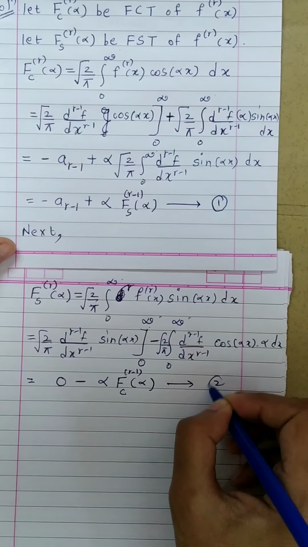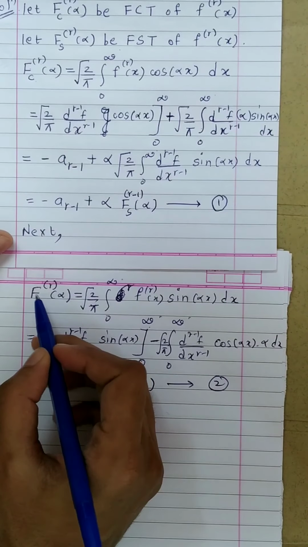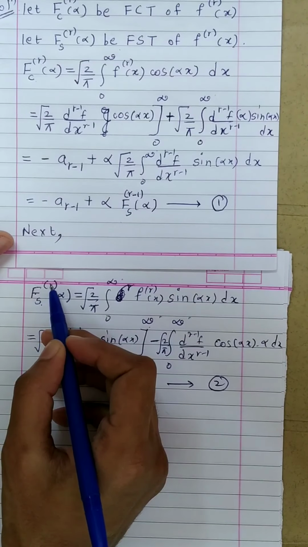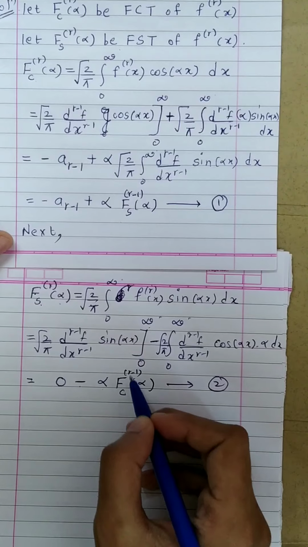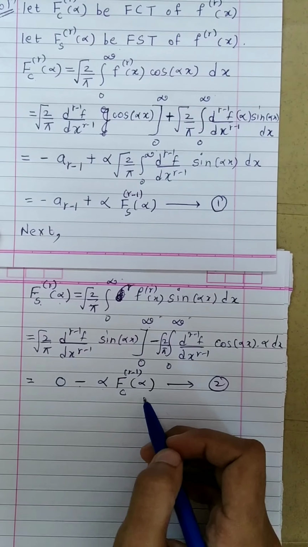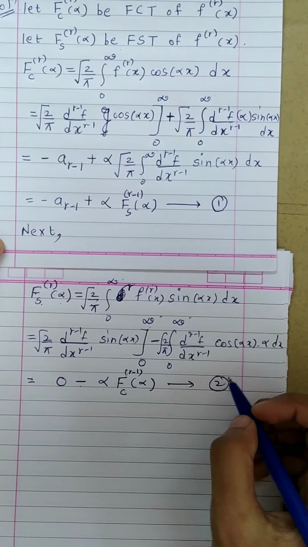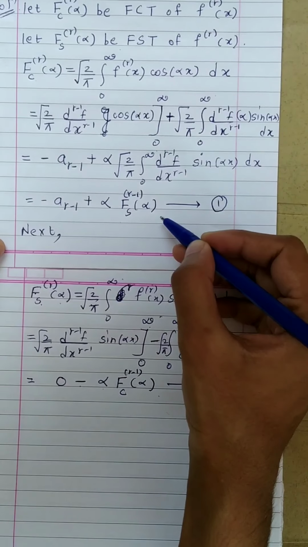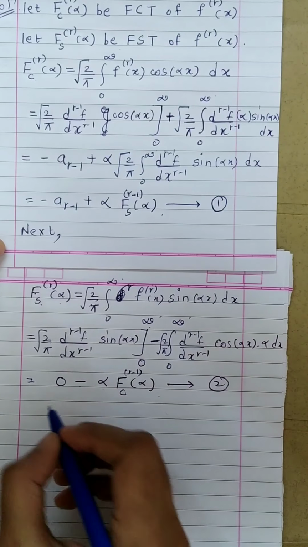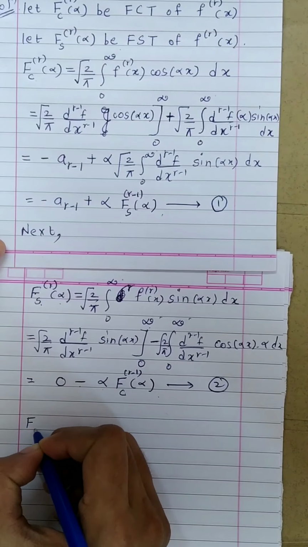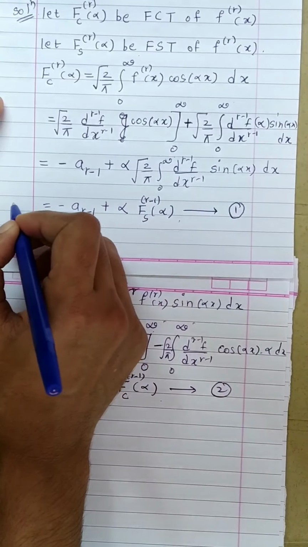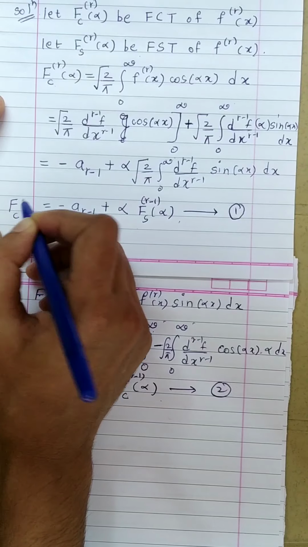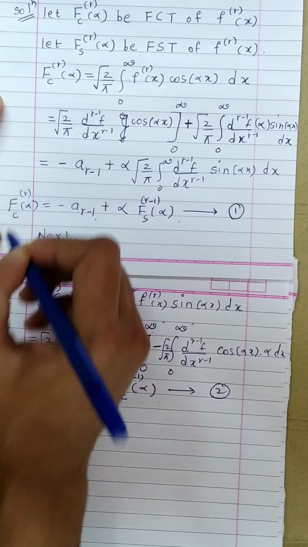Now the Fourier sine transform r of alpha is equal to minus alpha into this. So if we substitute this equation in this, what we will get is, this equation is for the Fourier cosine transform r of alpha.